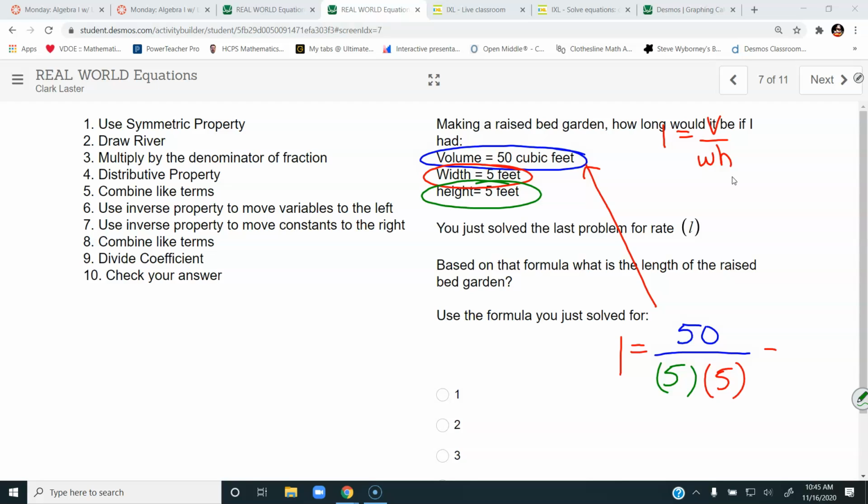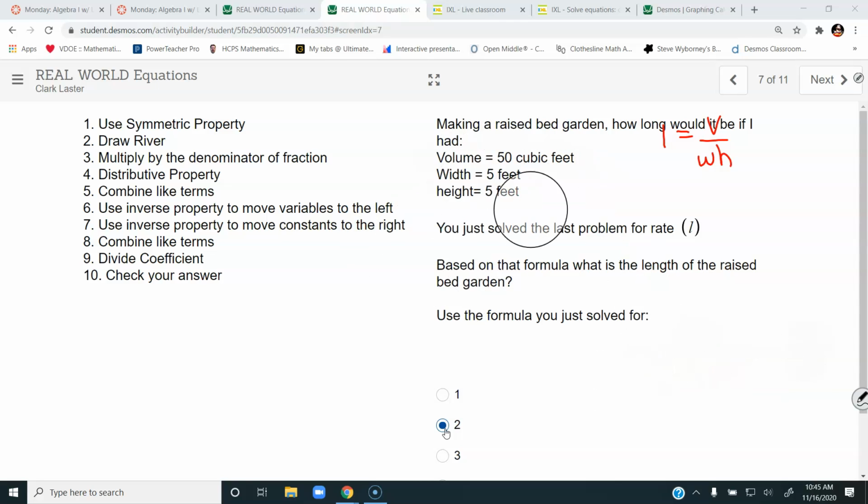So this is now going to become 50 divided by 25. If you guys can put that in your calculator, you certainly can. But 50 divided by 25 is 2. So my answer would be right there. Okay.